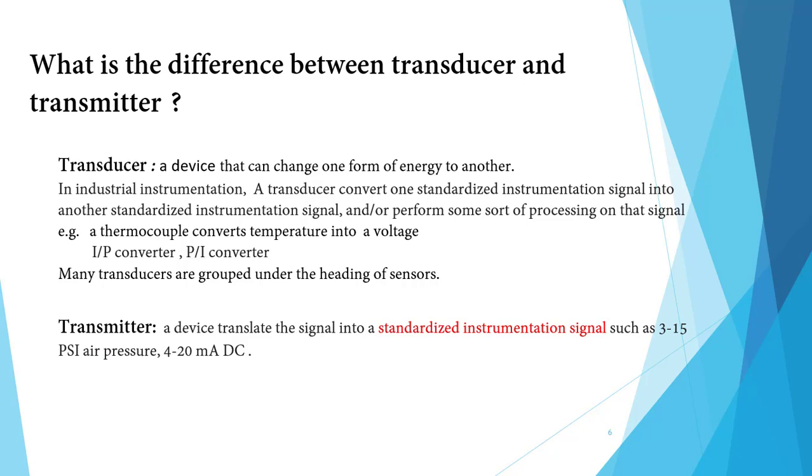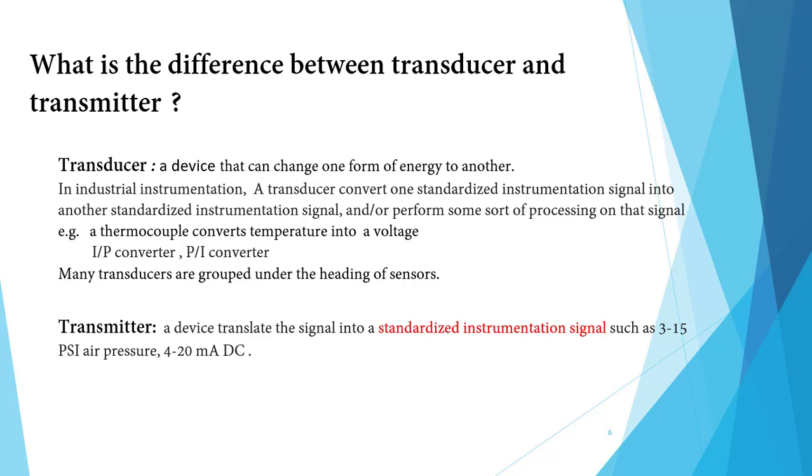For example, a thermocouple converts temperature into a voltage. A I to P and P to I device is called a transducer. In general, a transducer just converts one form of energy to another.